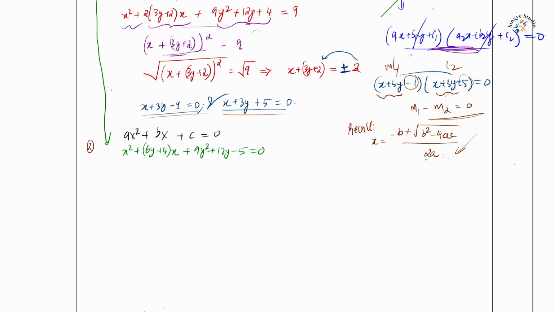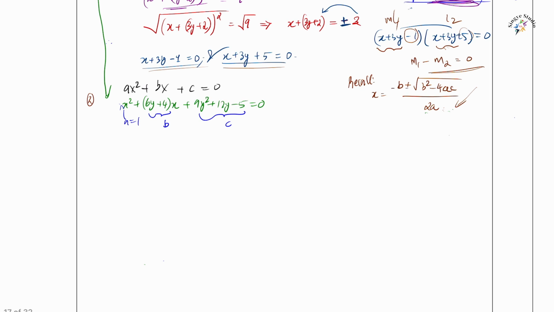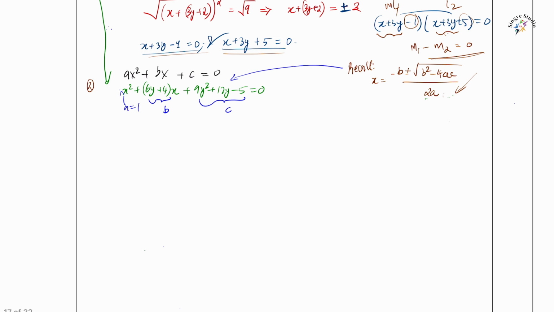So in order to make this, you have to consider this whole thing as c, this whole thing 6y plus 4 as b, and here the a value is just 1, right? So by using this, we have to put this in the quadratic formula and it will yield the same result. Look carefully here.